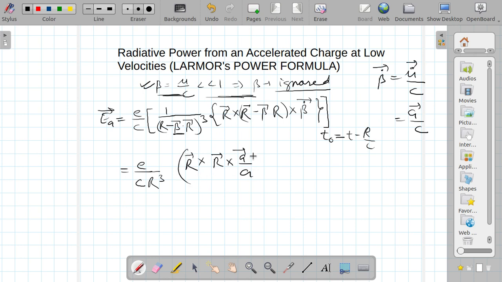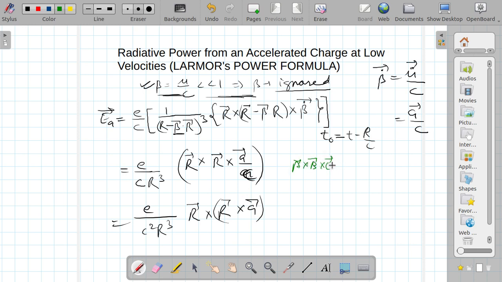If I express it as a upon c, then one c is already there, so it becomes E over c square R cube, times R cross R cross a. I will use the identity A cross B cross C equals B (A dot C) minus C (A dot B).